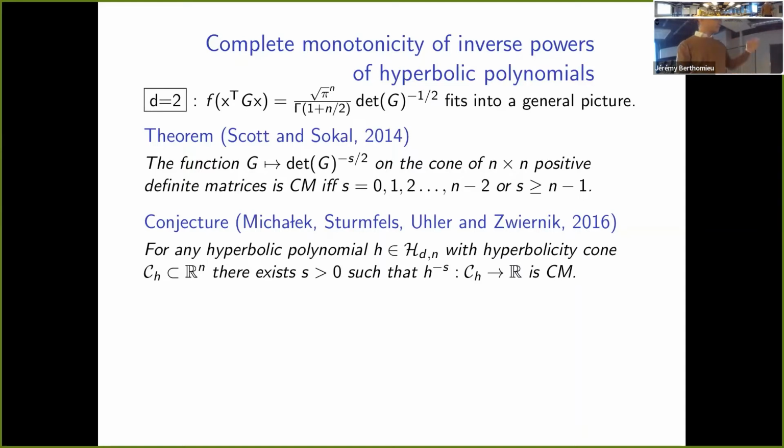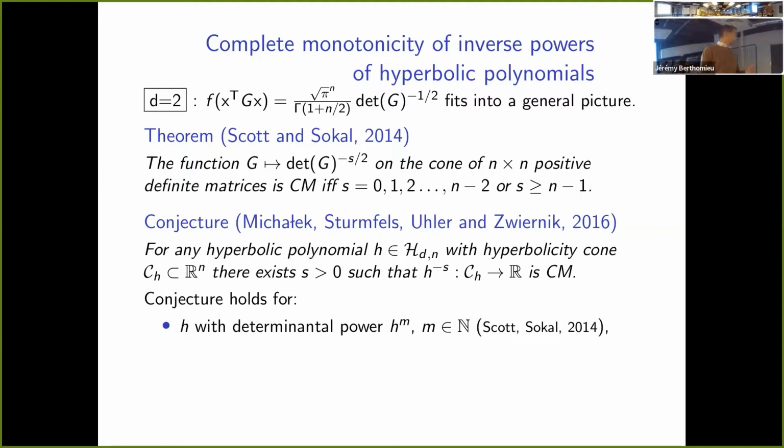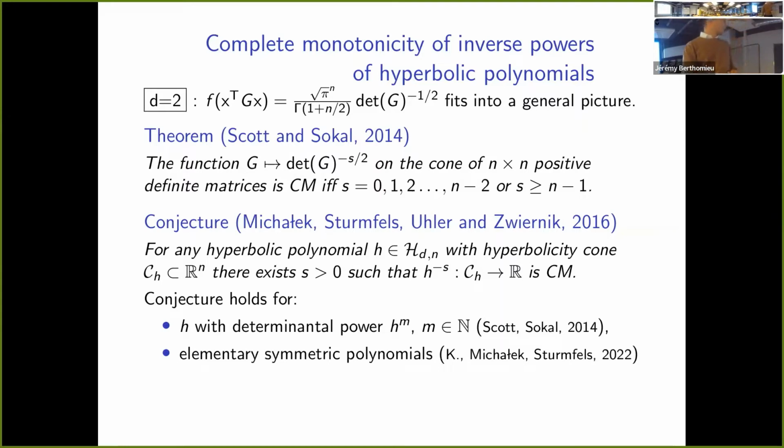This conjecture remains open as far as I know up to this day, and it holds in the following cases. First, when H admits a determinantal power, so when you can find some power that has a determinantal representation, then the conjecture holds essentially by this result of Scott and Sokal. Second, it also holds for elementary symmetric polynomials. That is a result in our paper with Bernd and Mateusz.